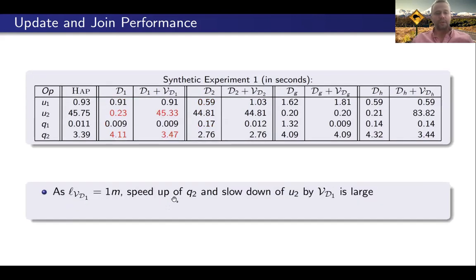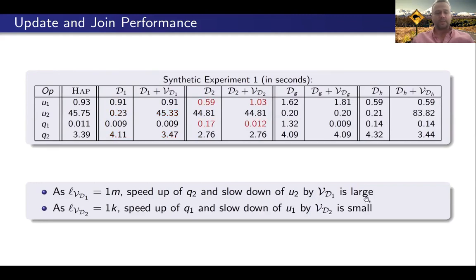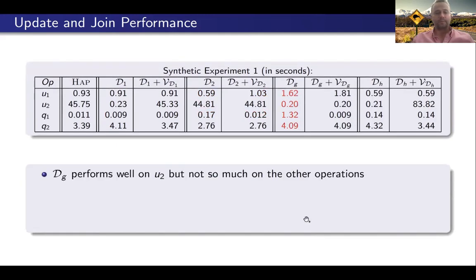The views act naturally, so this one leads, for example, to a speed up of Q2, but it significantly slows down U2. So this is in both cases large, whereas on D2, which has only 1K redundancy, the speed up of Q1 and the slowdown of U1 is relatively small.